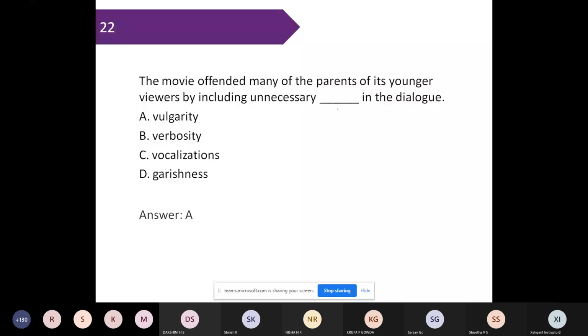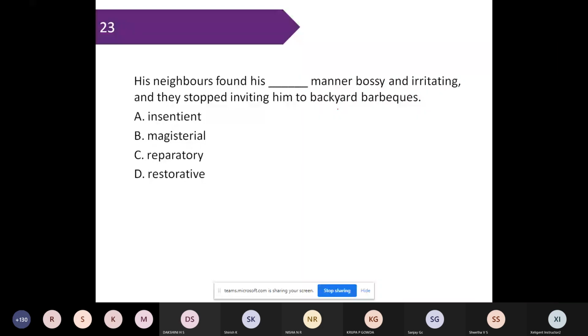Next, question number 23. His neighbors found his blank manner bossy and irritating, and they stopped inviting him to backyard barbecues. So what's the correct answer? Bossy manner and irritating. So these are the keywords.